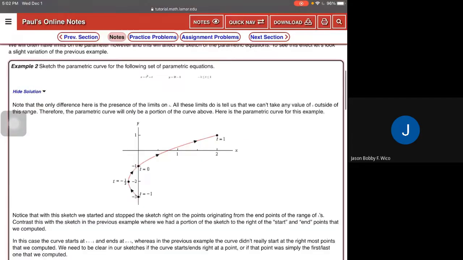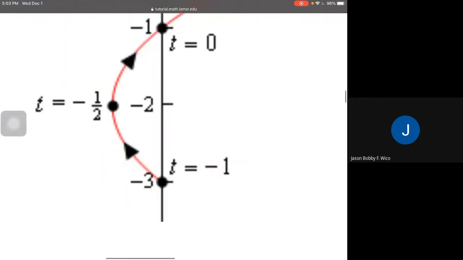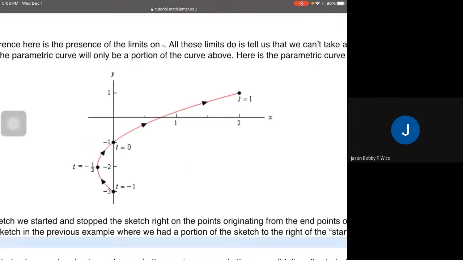So you can see, ayan, this point here, itong negative 3, that is for values of x equals 0 and y equals negative 3. So you have t equals negative 1. And then t equals negative 1 half for x equals negative 1 half and y equals negative 2.